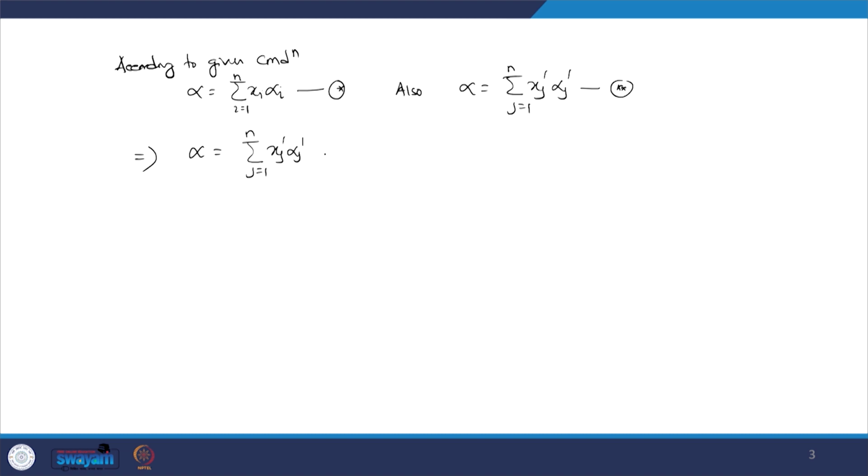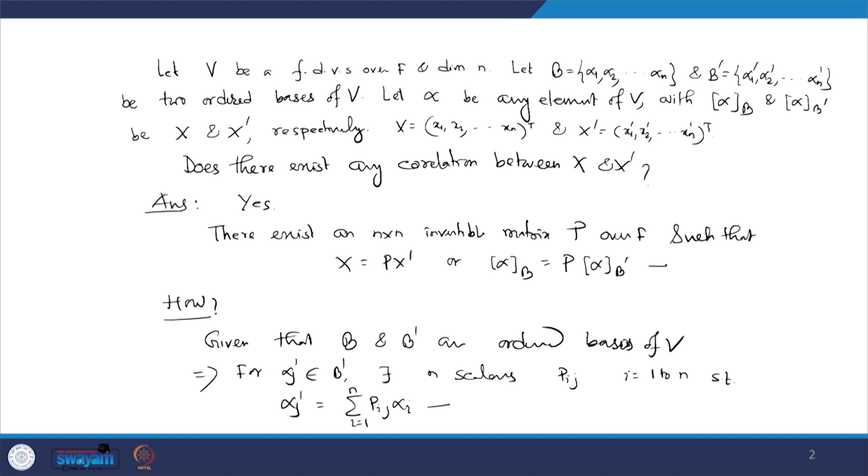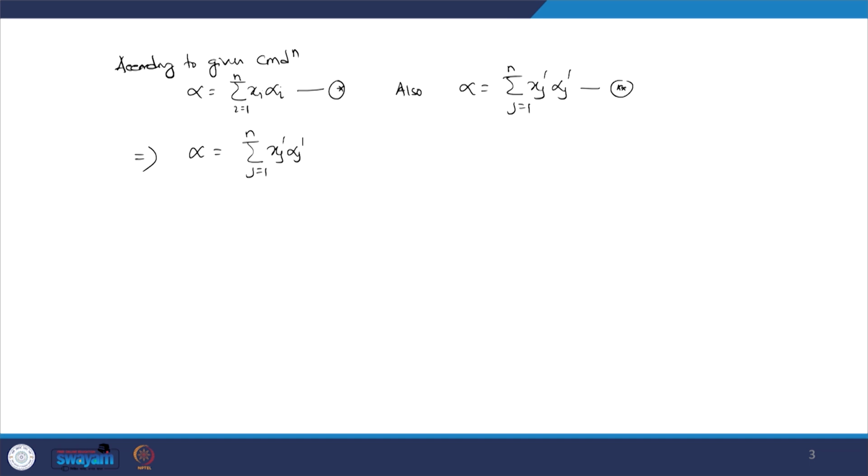But if you recall, we have already written, let me call it equation 1, that each alpha j prime can also be written as a linear combination of alpha i. So, this means I can write this as sigma xj prime times sigma P i j alpha i, i equal to 1 to n, and here j equal to 1 to n.